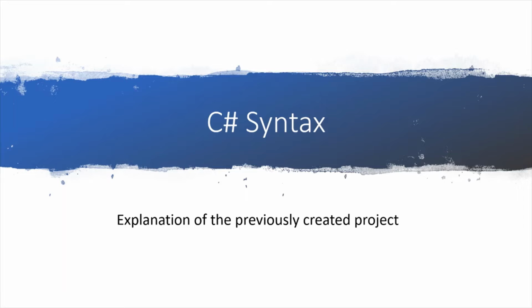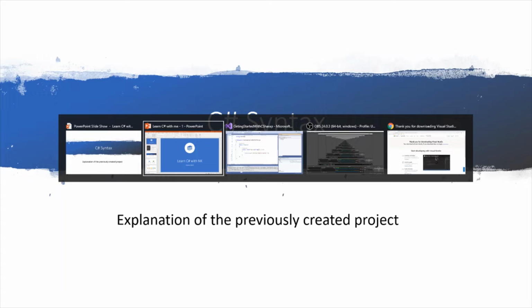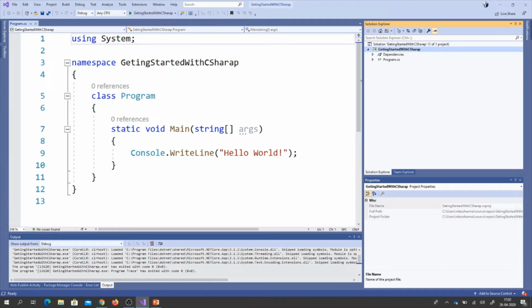Let's get started. C Sharp syntax. We will explain the syntax of the previous code we just used. This was our previous application, and we will discuss these lines of code one by one.